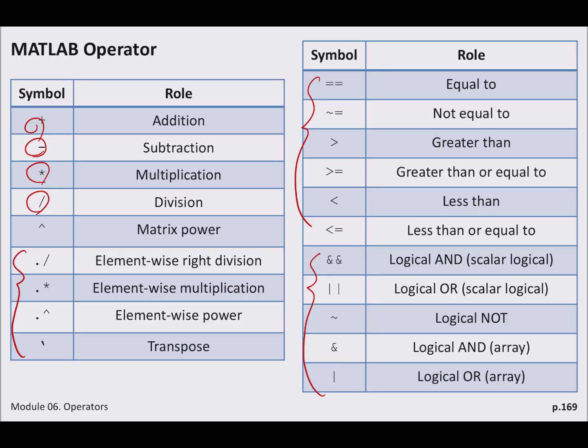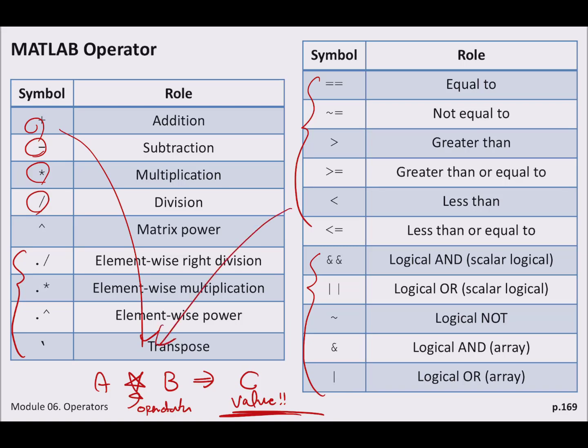All of them are operators, and two values, A and B, are provided on the left and right of the operator, which produces some kind of other value. That's important. It could be a numeric operator, a relational operator, or a logical operator.